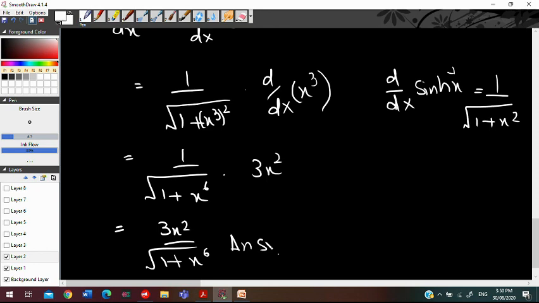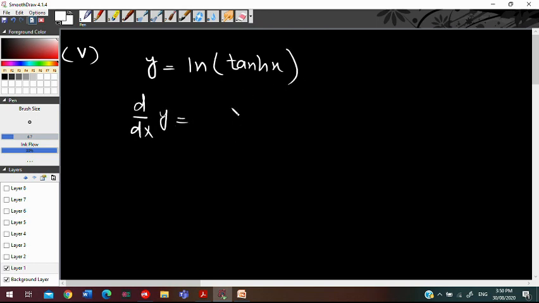The last question, one more question I will solve here for you, and that is this fifth part, in which we have y is equal to log of tanh x. So d by dx of y is equal to 1 by tanh x.